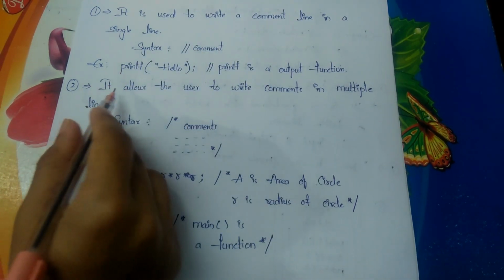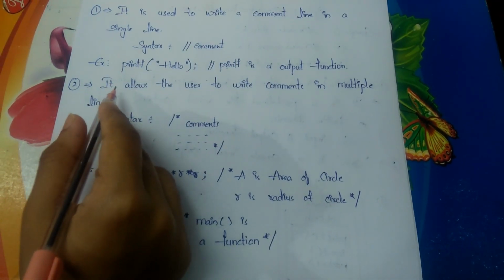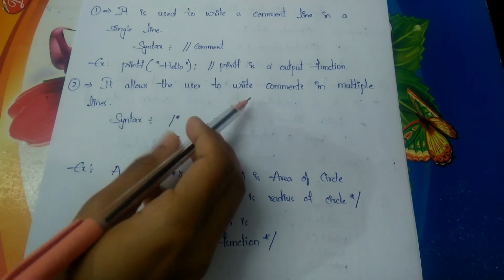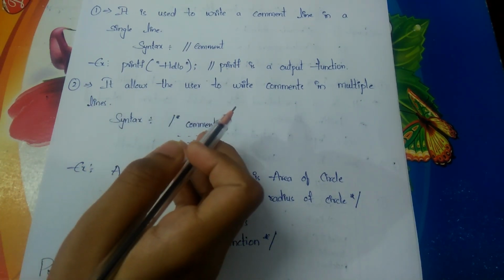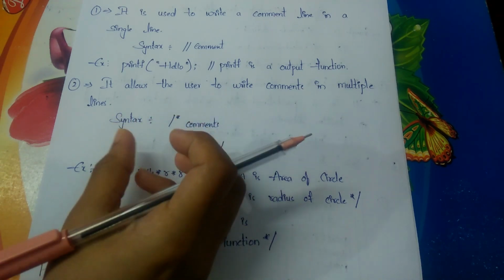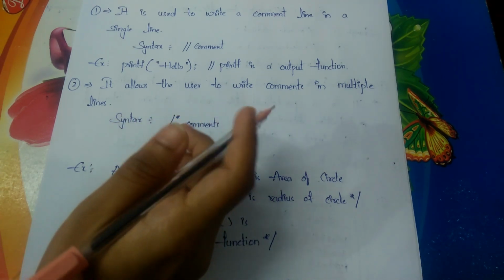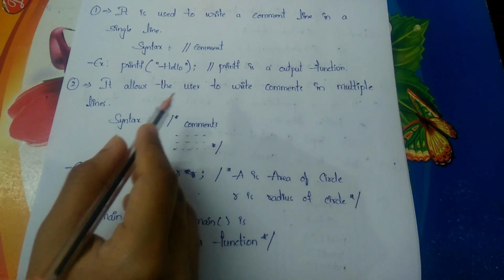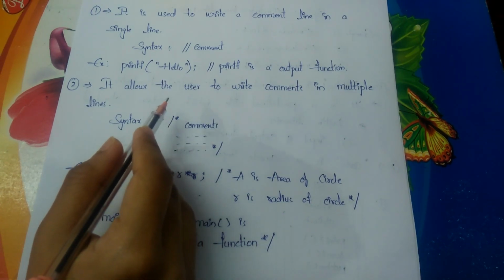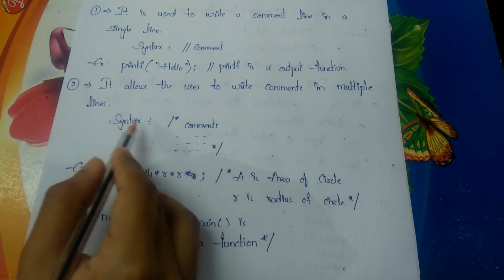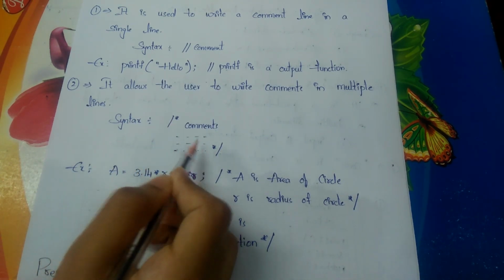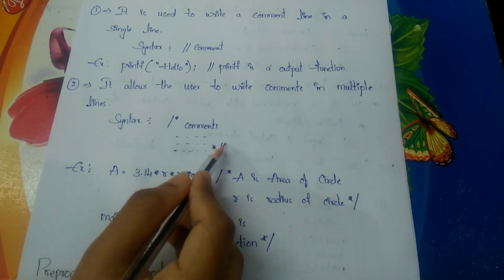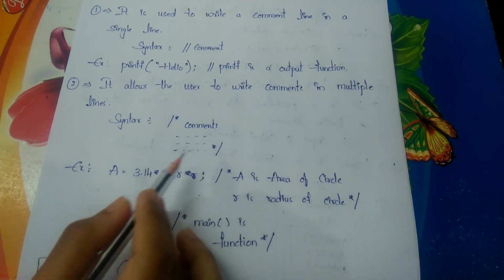The second one is the multiple comment line. It allows the user to write comments in multiple lines. For example, if I want to write some matter of 2 to 3 lines, I have to use the multiple comment line. The syntax is forward slash asterisk, then I write the comments, which ends with asterisk and then slash.